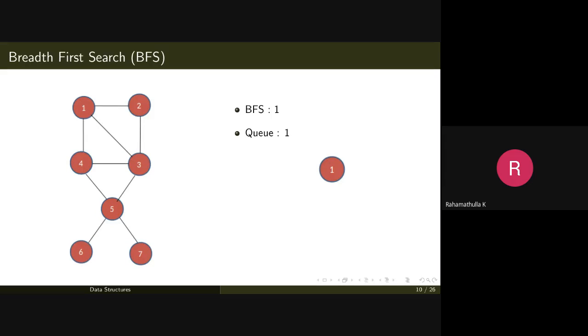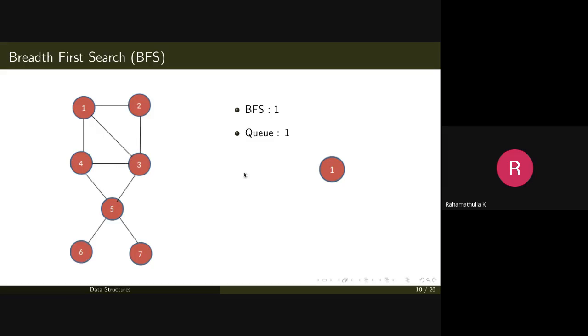For executing the breadth first search algorithm, we need a queue data structure in between. Let's start off with vertex 1. We have visited it, which is what is written here: BFS visited 1. Then we enter 1 onto the queue.